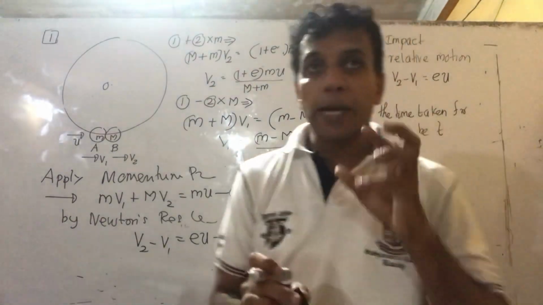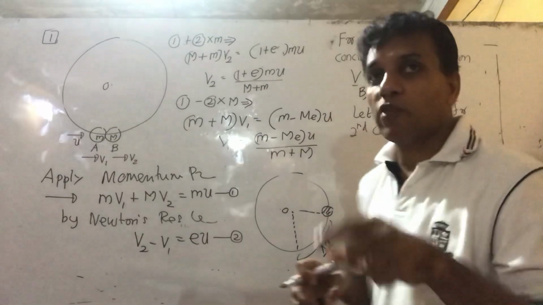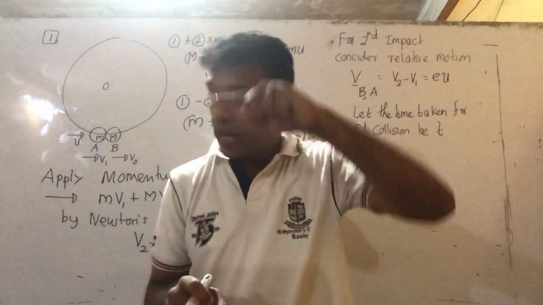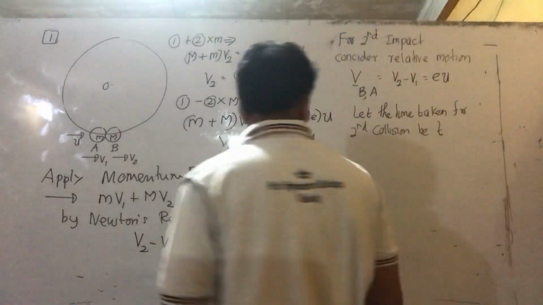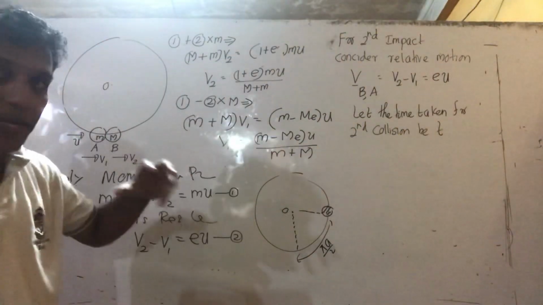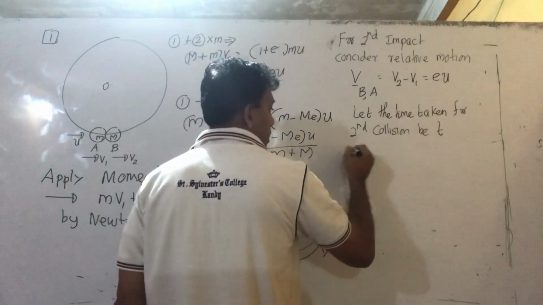So we can find the time factor now. Distance equals velocity into time along this circumference. Therefore, for the first occasion, find the time taken for A.